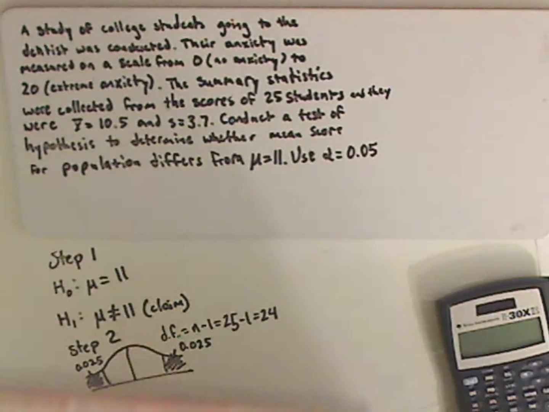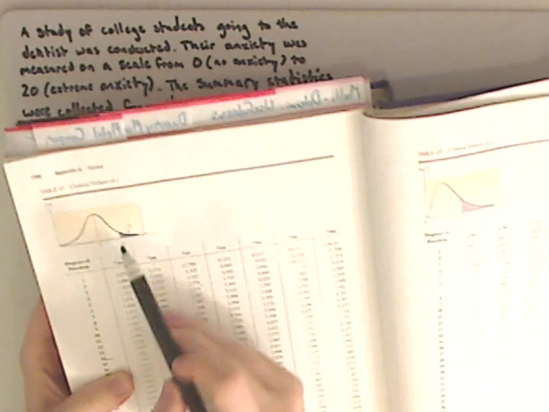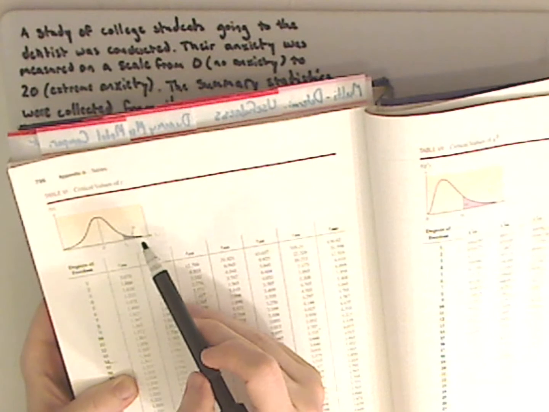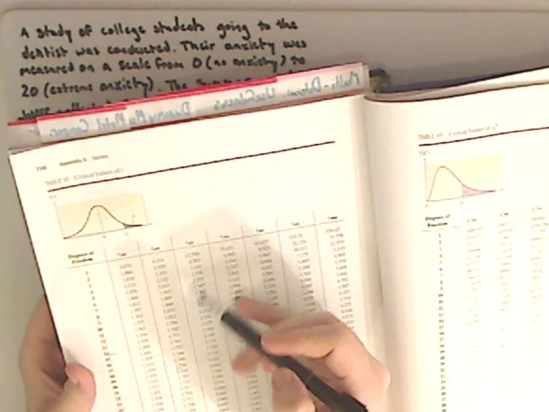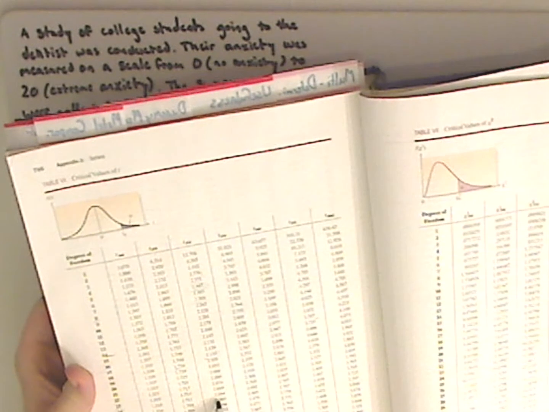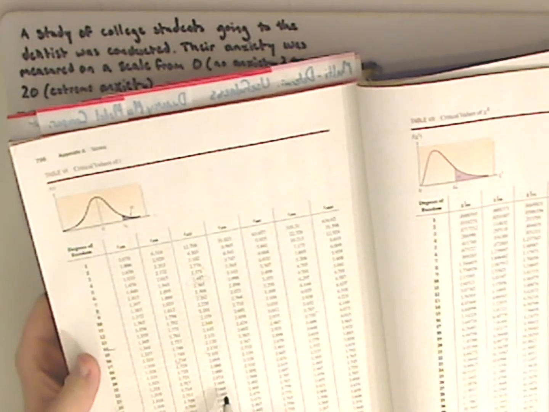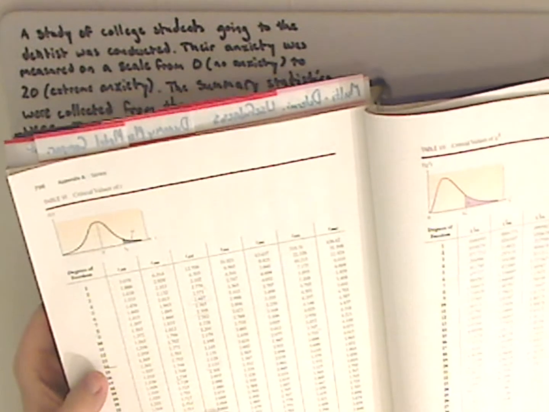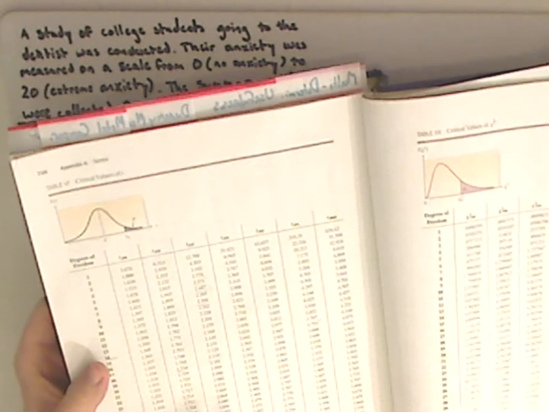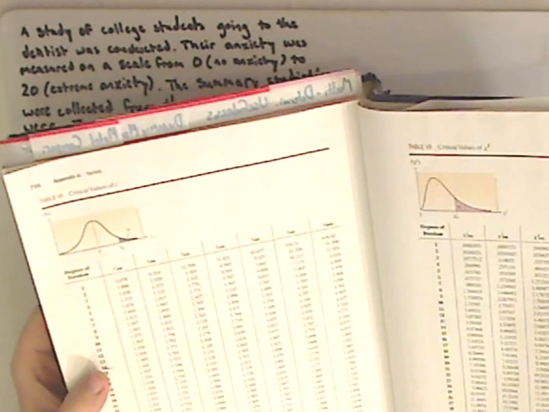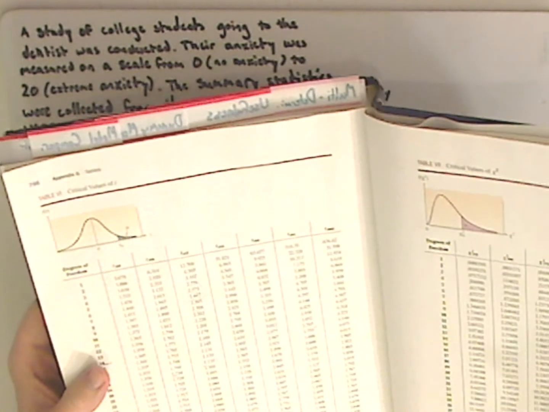So I go back to my table. Alpha is 0.025, and my degrees of freedom would be 24. I see where the two line up, which is 2.064. You might have trouble seeing this on the video because it's really small, but it's 2.064.